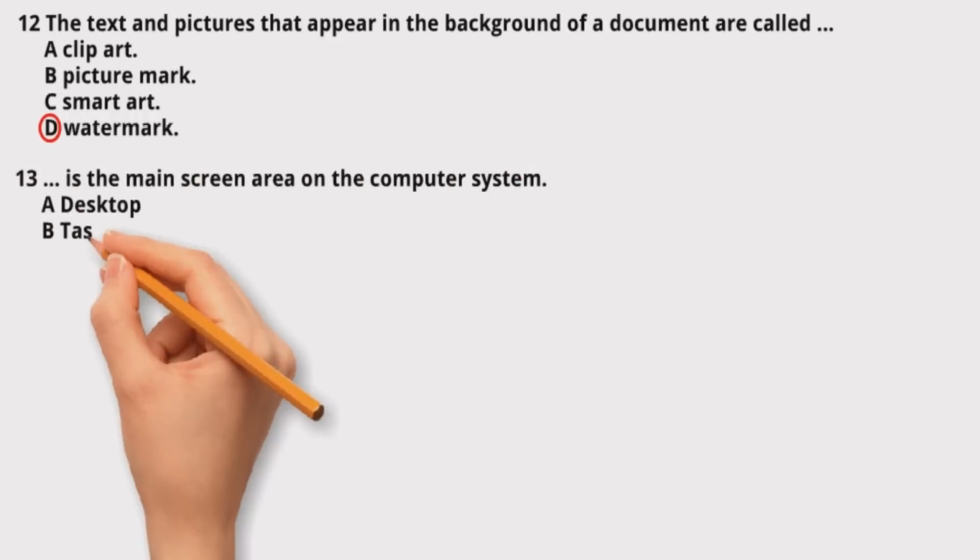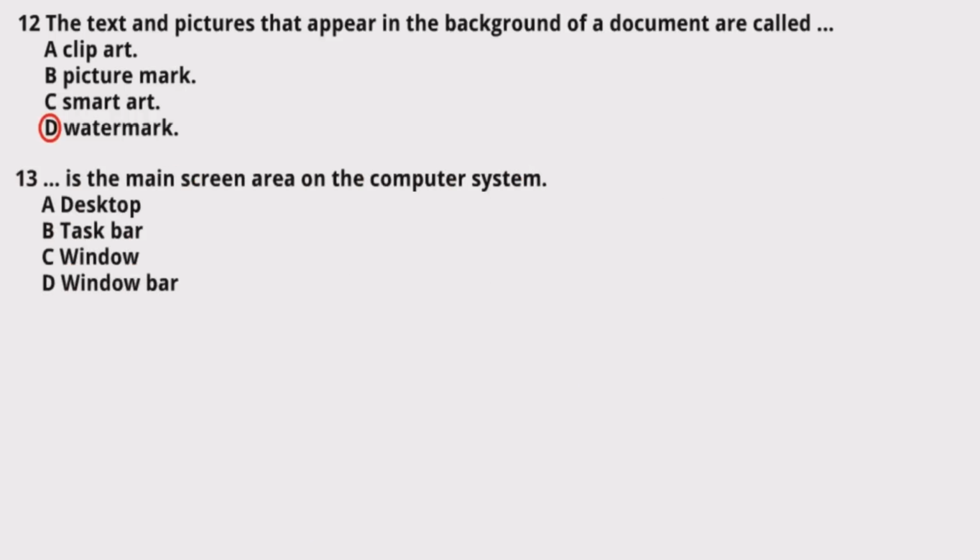We come to question 13. Dash is the main screen area on the computer system. A, desktop, B, text bar, C, window, D, window bar.